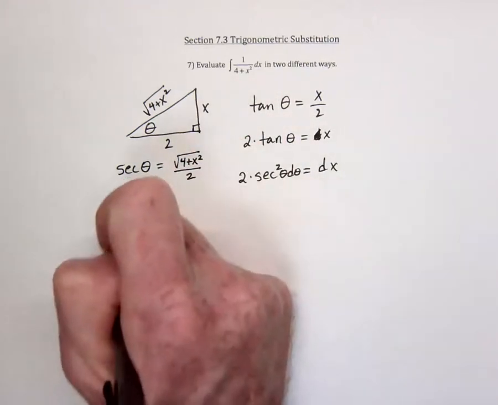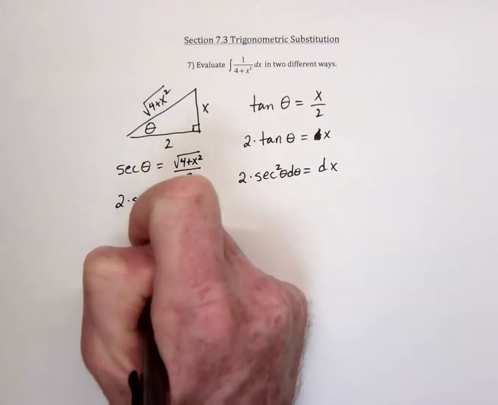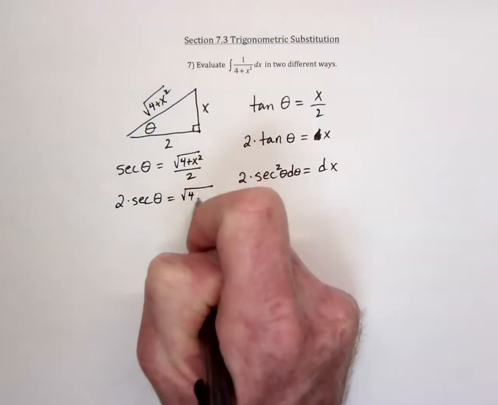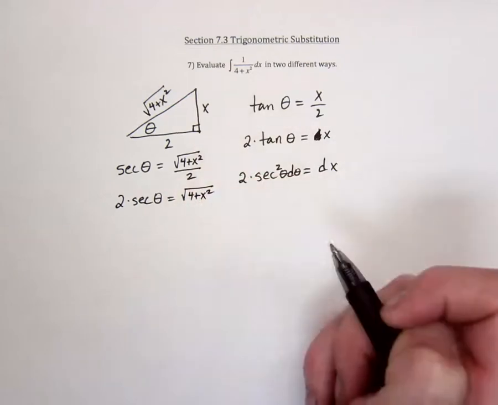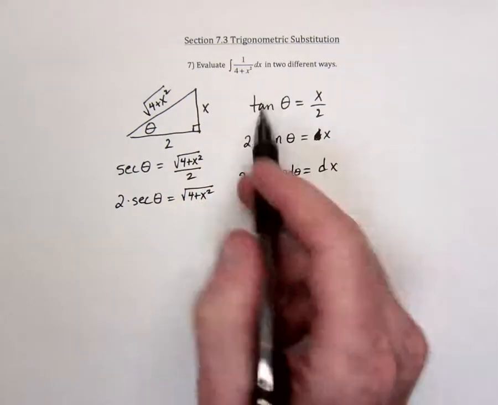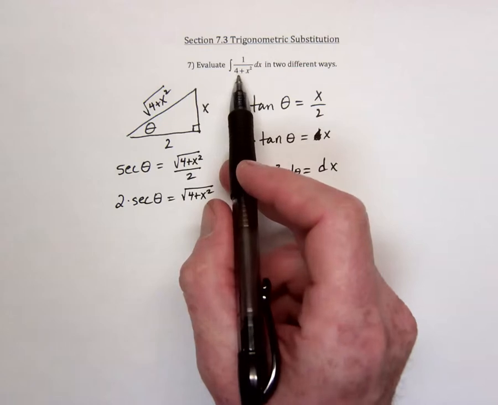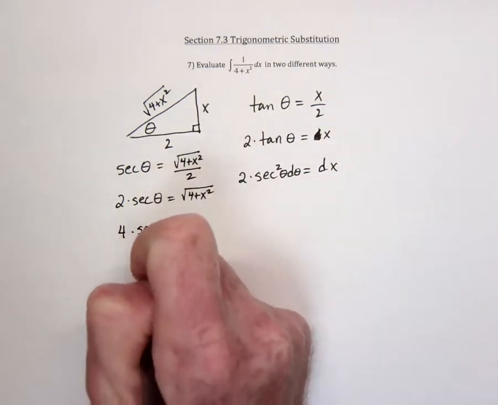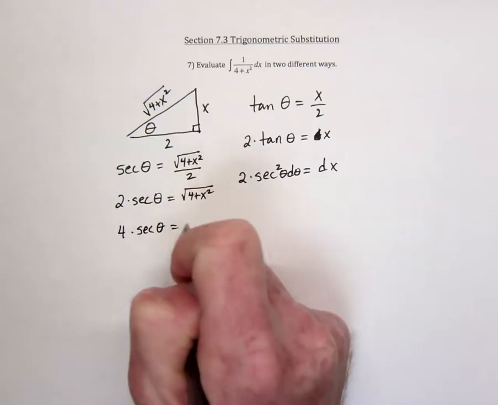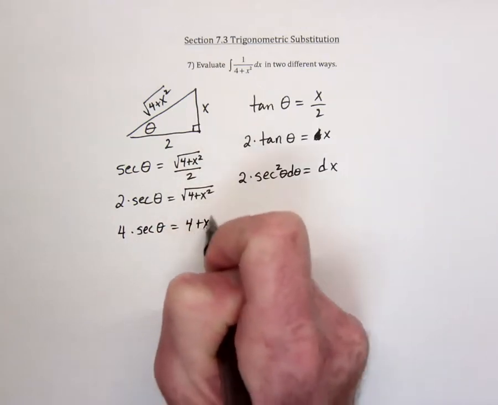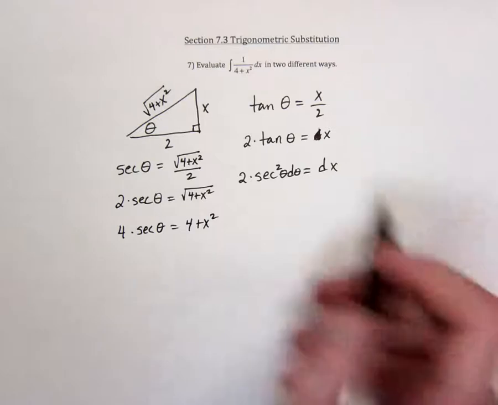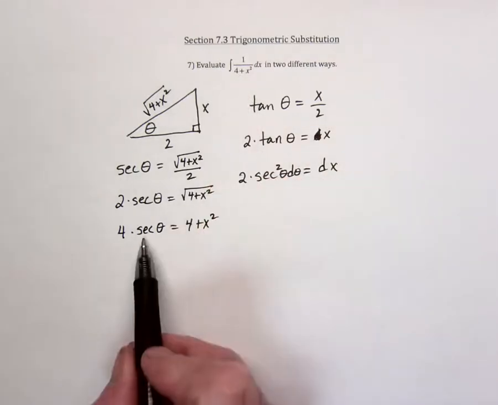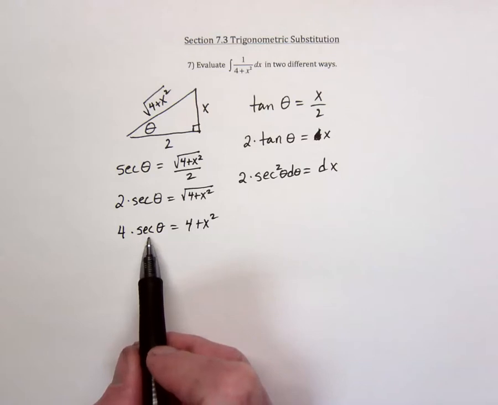So just multiply by 2, and then we know what the radical is equal to. The only thing is this one doesn't have a radical, so go ahead and square both sides. Alright, now I know what to substitute for that 4 plus x squared in the denominator. It's going to be this 4 secant squared of theta.